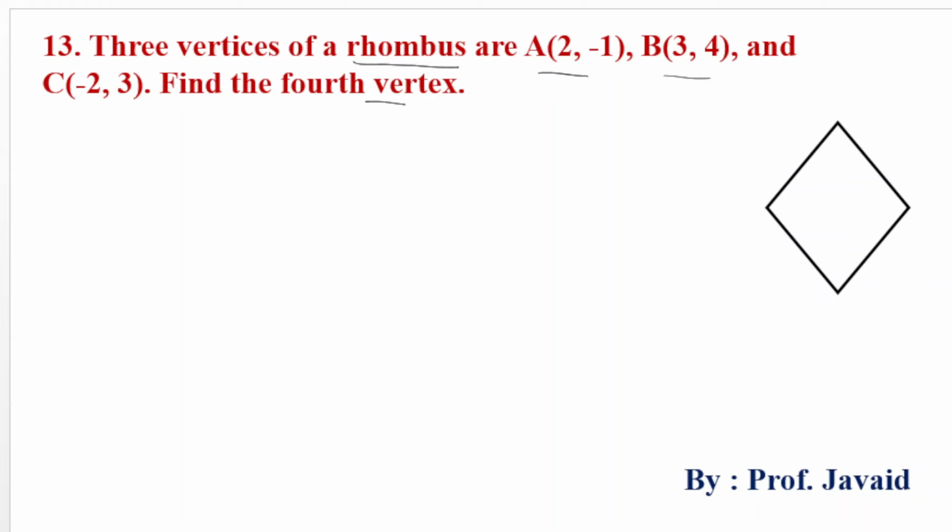If you do not draw the diagram, no problem, but I just want to draw it to make it easier. Let me say that A is (2, -1) and B is (3, 4). You can write the names as it is, A, B, and then C. So C is what here? C is (-2, 3). And D, I will write there as (x, y).